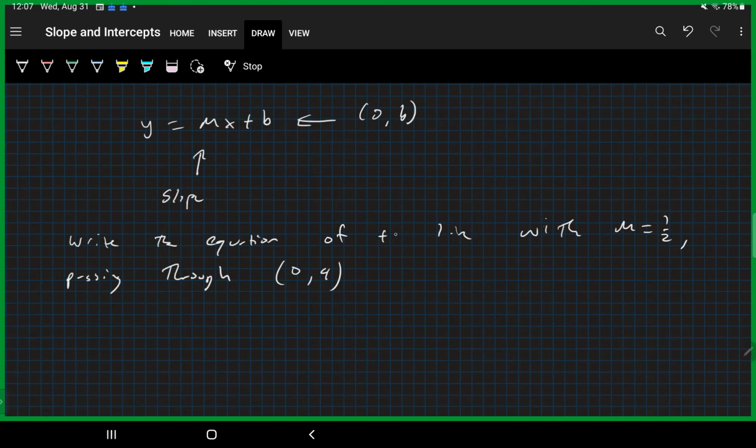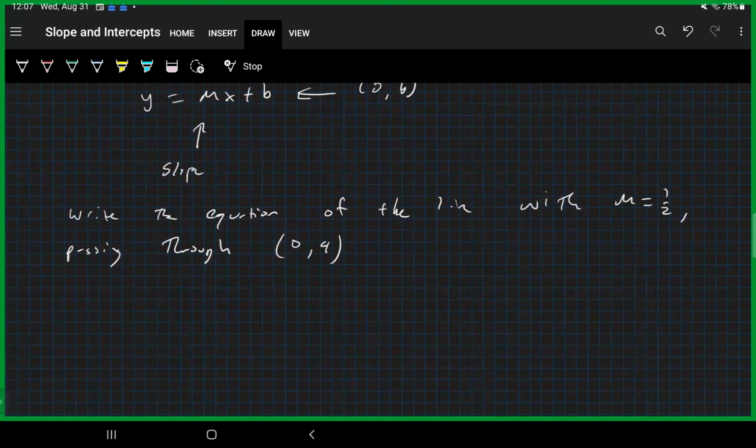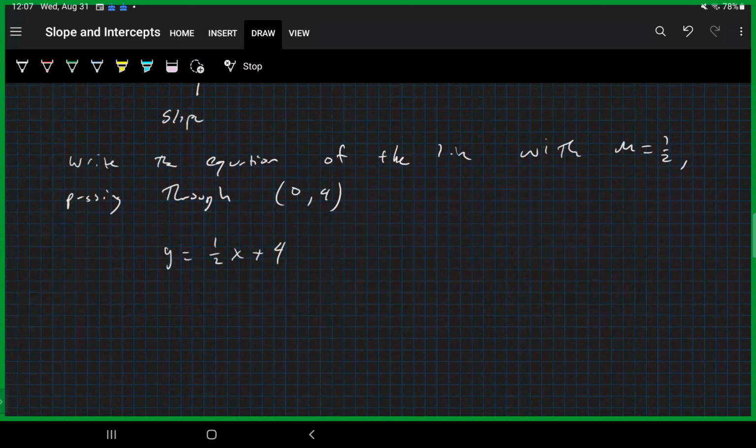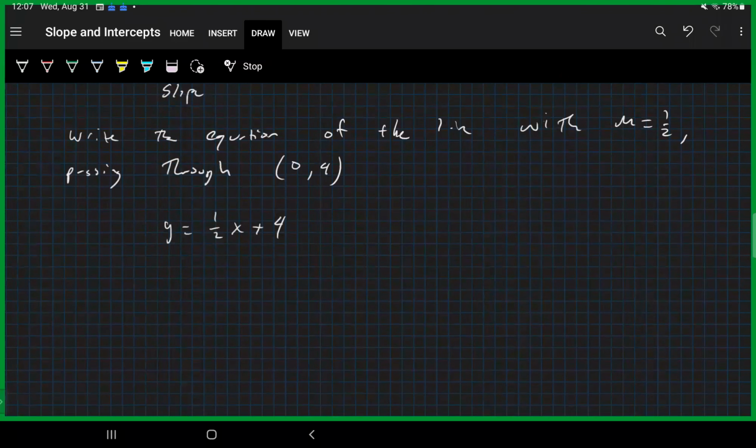That's the word the. So write the equation on the line with slope 1/2 passing through the point 0, 4, which is a y-intercept. Well, m is the number in front of x, b is the y coordinate of the y-intercept. So y is 1/2 x plus 4. So if you're given that information, you can come up with the equation of a line very quickly.